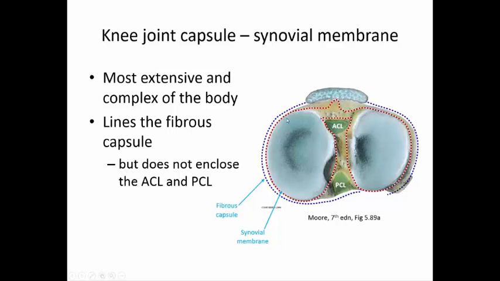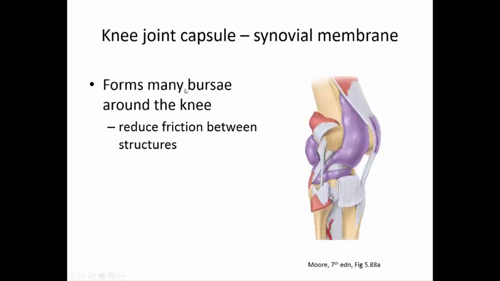They're inside the capsule. The synovial membrane forms many bursa around the knee. Bursa are found wherever there's friction, and bursa means a pouch or a purse, and it's just a pouch filled with fluid, and this stops friction.